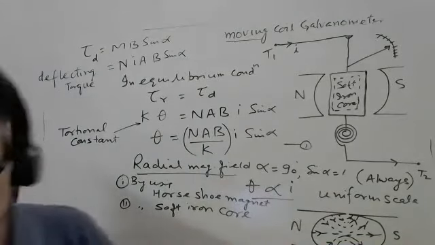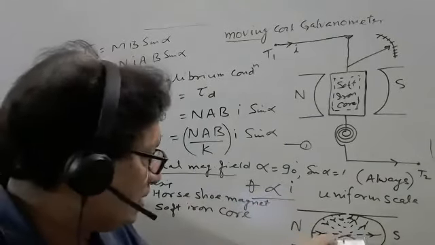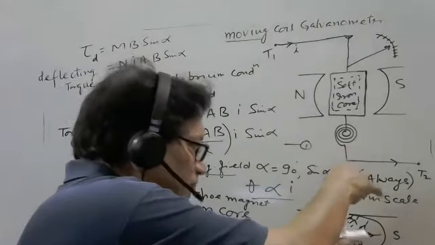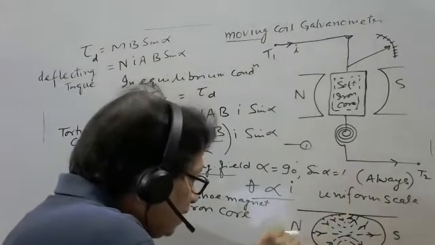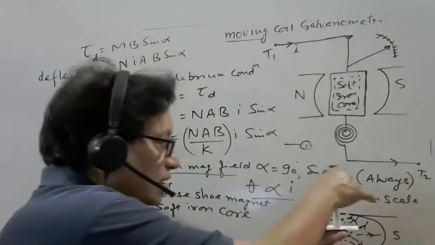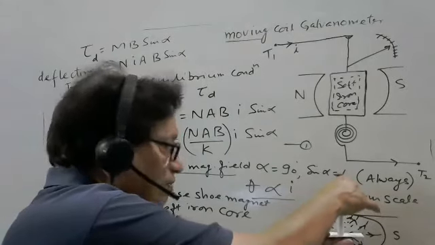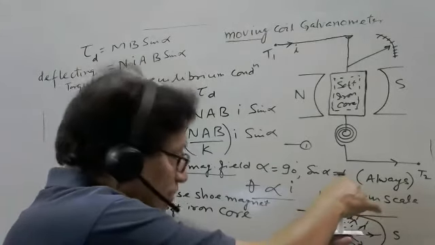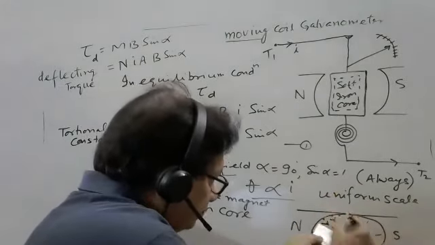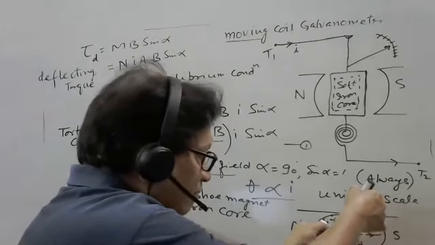Simple. Suppose I am taking this coil like this and this is the normal. In this position the magnetic field is from north to south pole, and this is the normal. Definitely the plane is making 0 degree, and the angle between the normal and the magnetic field is 90 degree. Suppose it rotates, then the magnetic field is not this but this, towards the south pole. The normal is making 90 degree with the magnetic field.